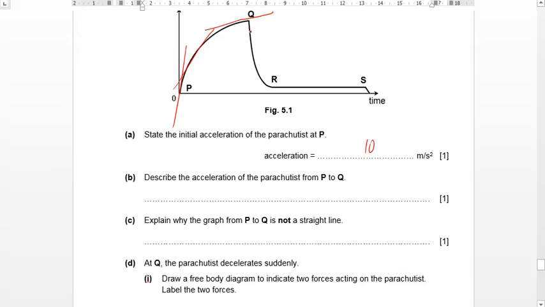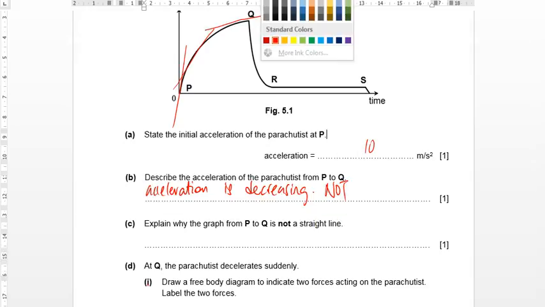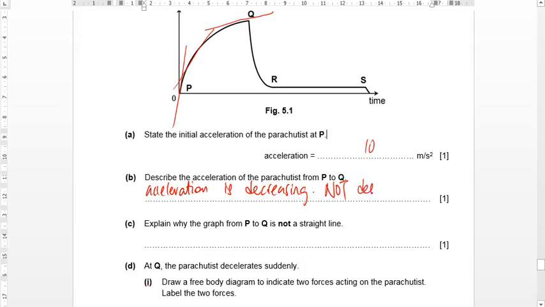Yes, acceleration is decreasing, it is not deceleration. This is wrong. Acceleration is decreasing. Do you know what deceleration is? Yeah, it is the speed decreasing. Okay, so acceleration decreasing is totally different.